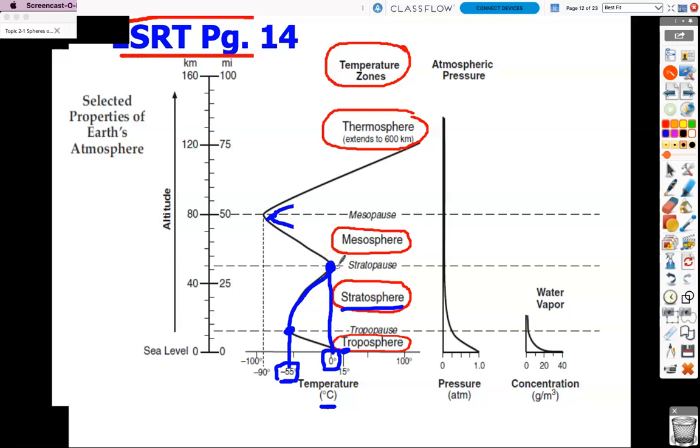Why? That question comes up usually as I talk about this every year. They say, why does the temperature get colder? Most kids know it gets colder when you go up a mountain. Yep, but why does it get warmer when I get into the stratosphere? Ozone. In the stratosphere is a layer called ozone. Ozone is what protects us from ultraviolet.